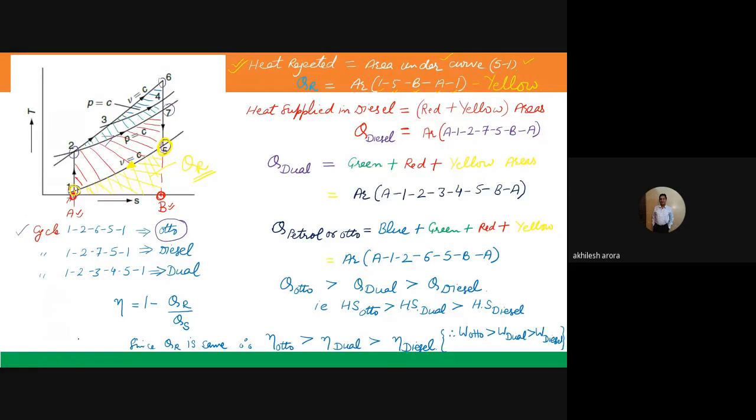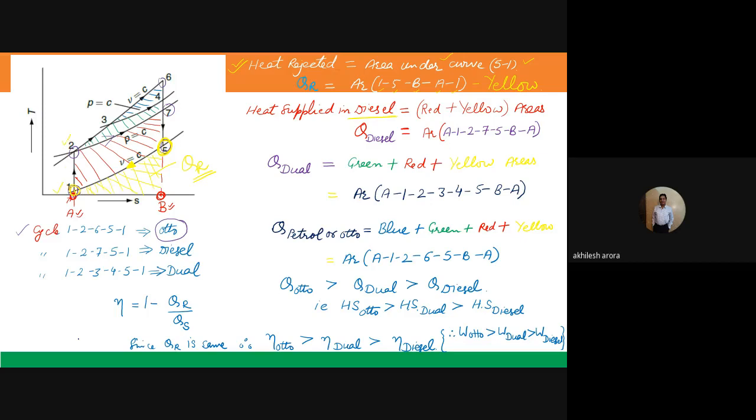Now let us calculate the heat supply in these three cycles slowly. Okay, now first I am calculating it for the diesel cycle, and there is a reason for that. You will understand it slowly. If you see it here, and you remember that the diesel cycle is 1 2 7 5 1.